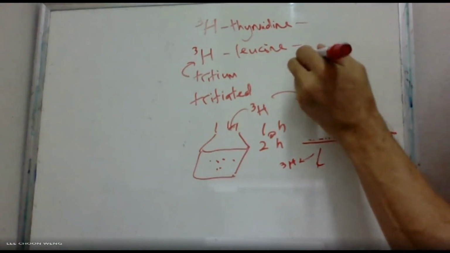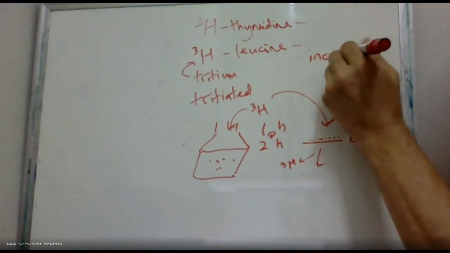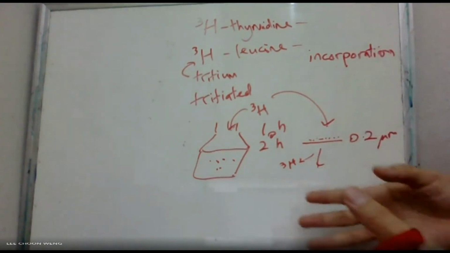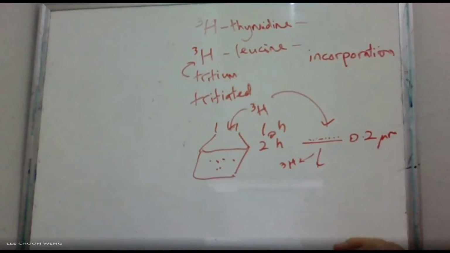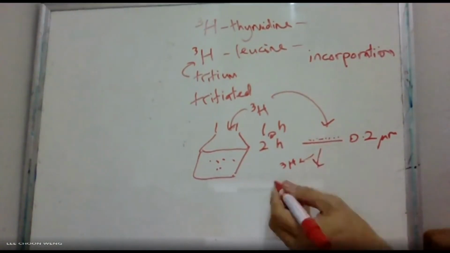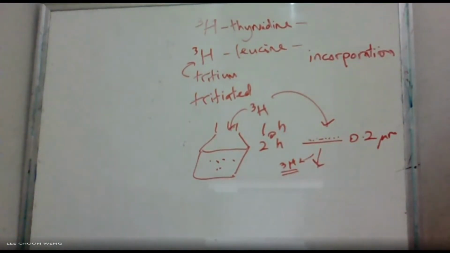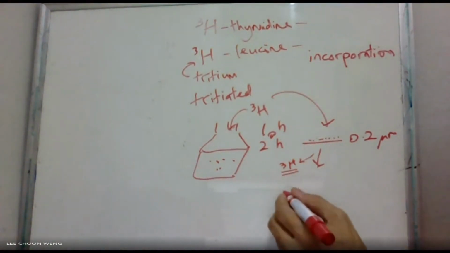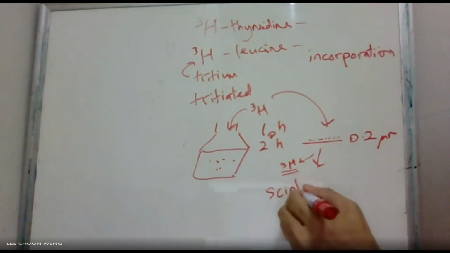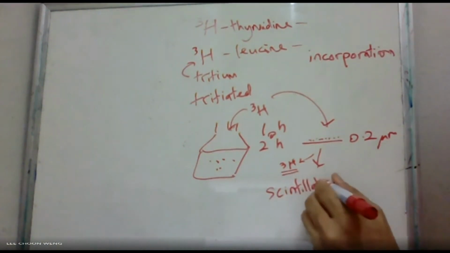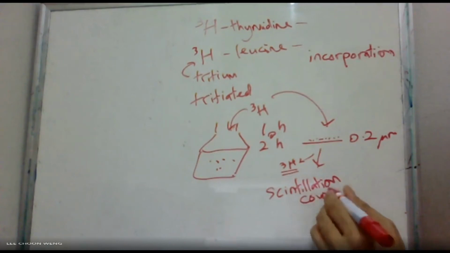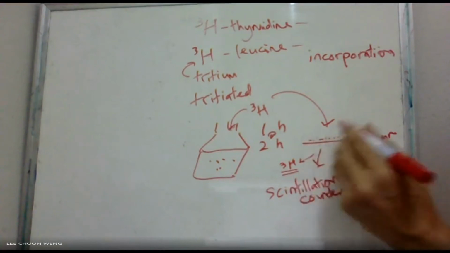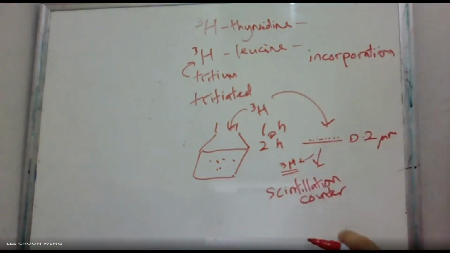So you're looking for incorporation. Incorporation means it is being taken into the body of the bacteria. So you remove the excess tritium, and then you measure, using a scintillation counter, the level of radioactivity from the bacteria.